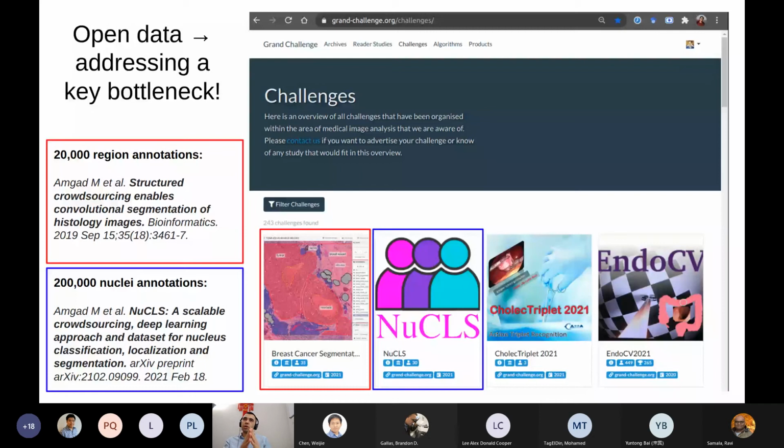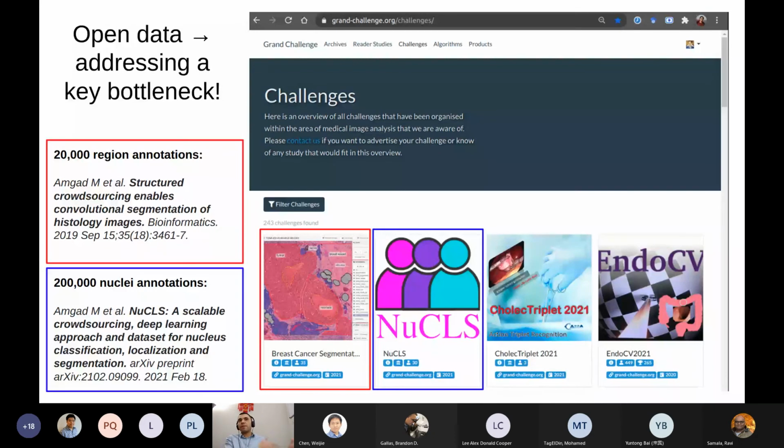In any case, we took these TCGA slides from a particularly aggressive type of breast cancer known as triple negative breast cancer, and we crowdsourced the annotation, the delineation, of these structures. In 2019, we published about 20,000 region annotations.